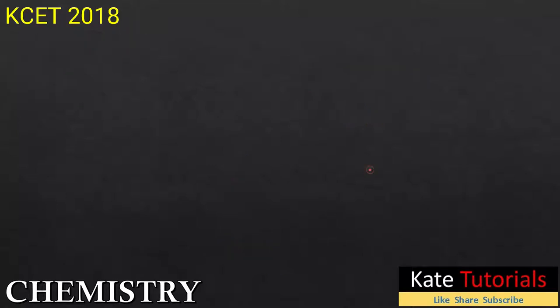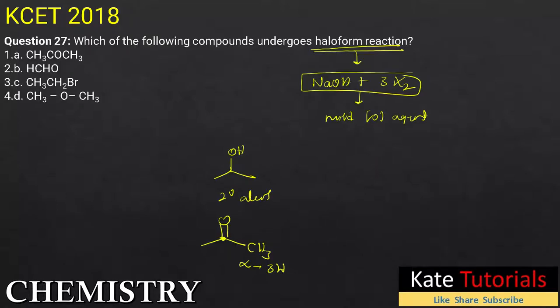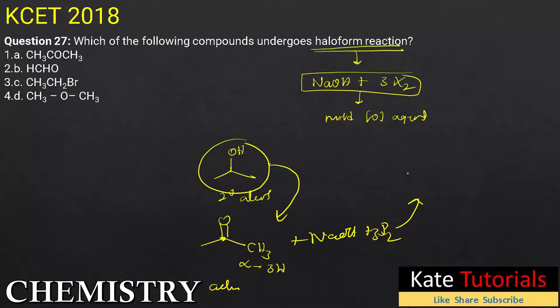So see what happens. If I add NaOH and X2, it acts as an oxidizing agent. The secondary alcohol will be converted to a ketone, here converted to acetone. Further, if I add NaOH and 3 molecules of I2, I'll get this product.